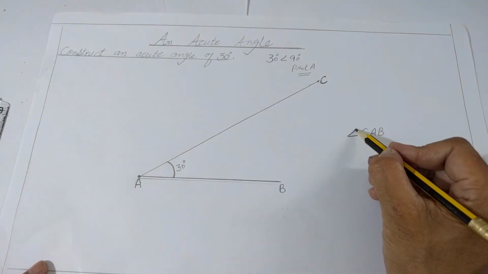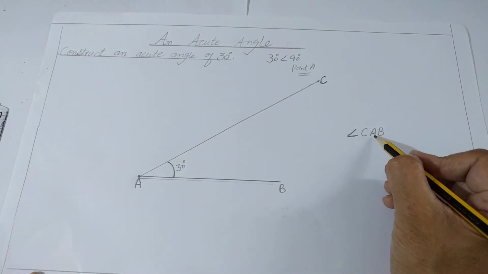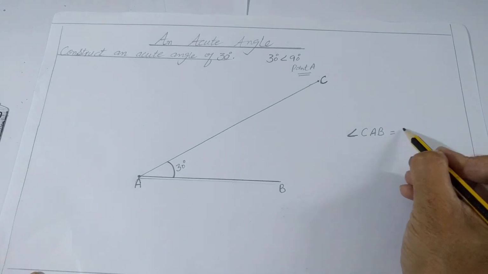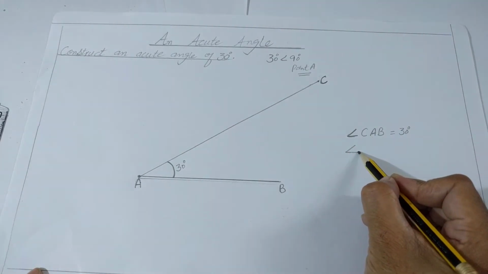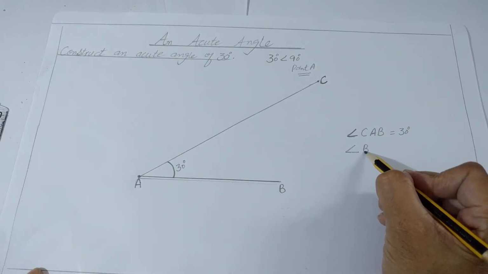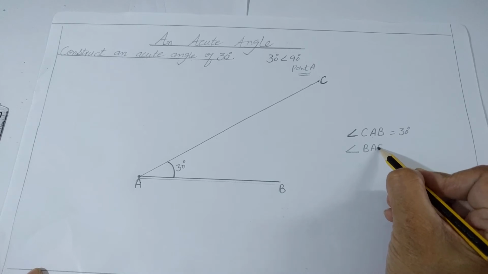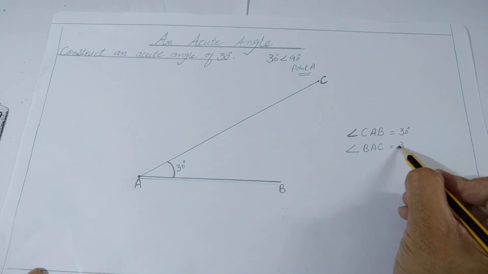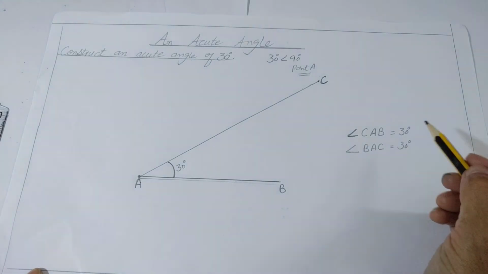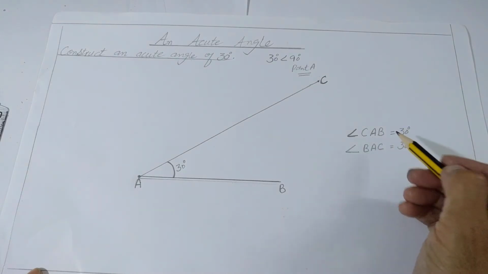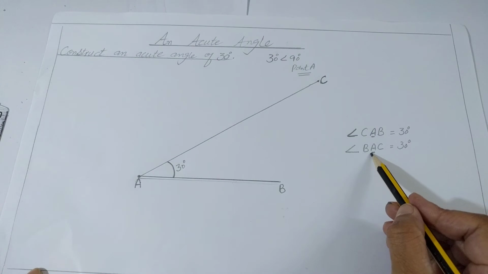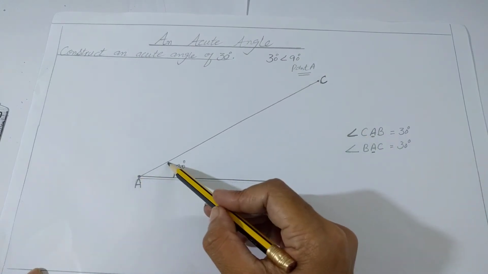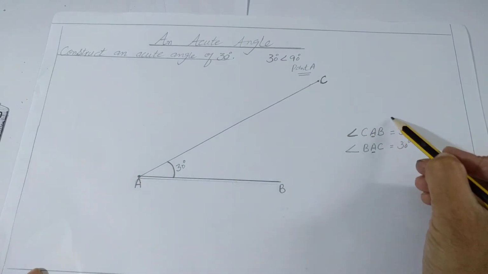So angle CAB is equal to 30 degree. You can also write it like this: angle BAC is equal to 30 degree. The main point is that your vertex should be in the middle position where you are constructing your angle. Clear?